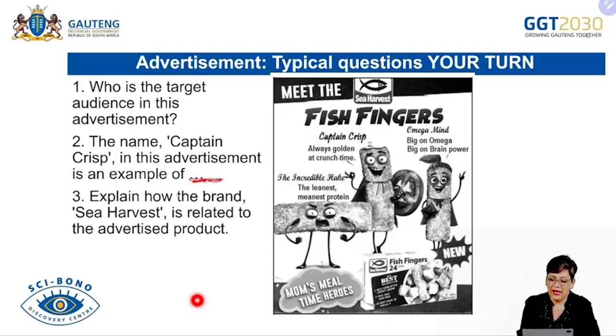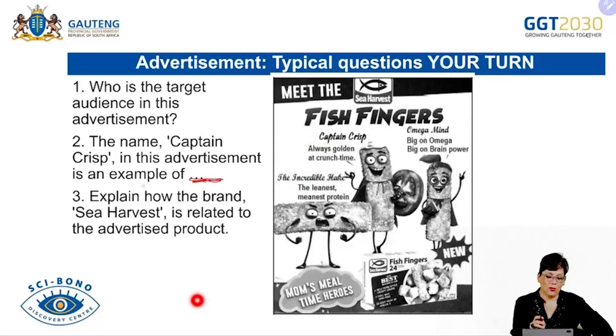And explain how the brand Sea Harvest is related to the advertised product. Okay, this is a bit more difficult question. So just see if you can quickly figure this one out. So question 1 was the target audience. Number 2, we've got Captain Crisp, and we want to know what kind of example this is.